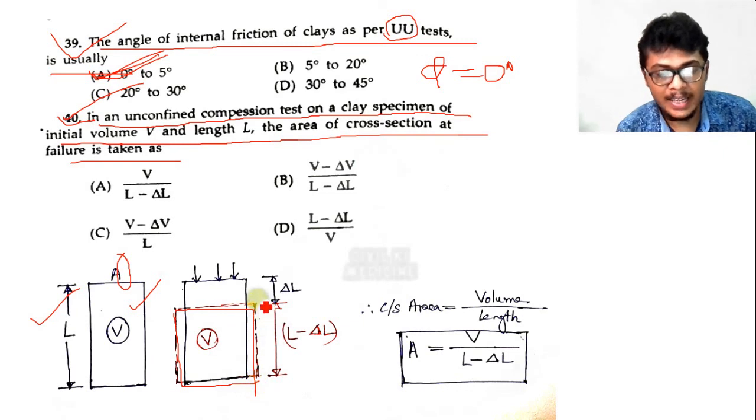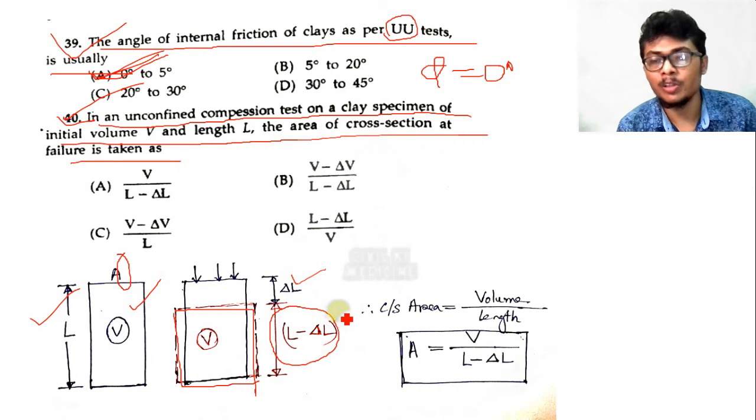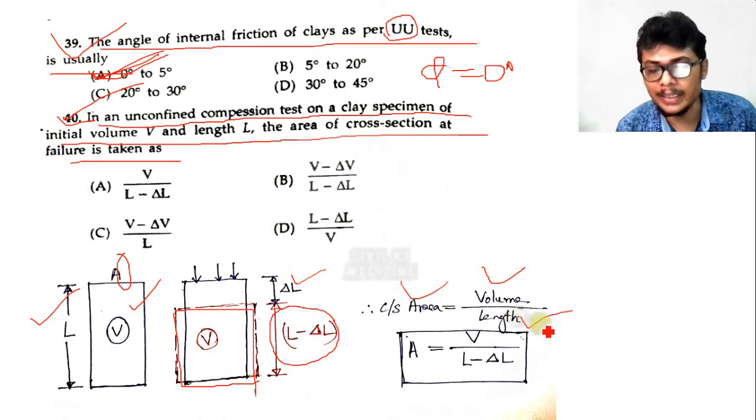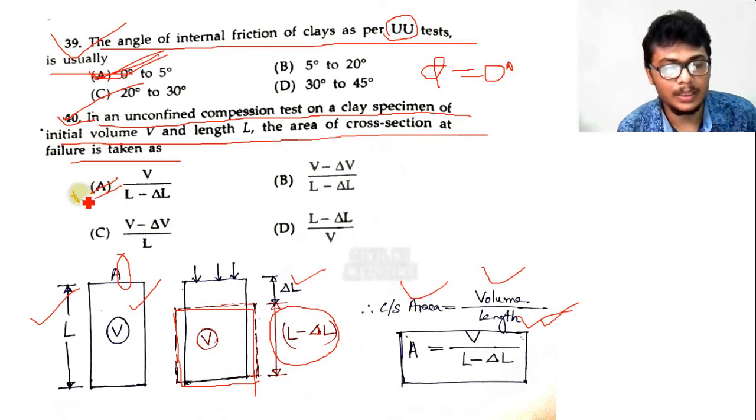The length changes by del L, therefore the final length will be L minus del L. We know that volume will not change, because volume will be constant, only the dimensions will change. Therefore the new cross sectional area will be the initial volume divided by the new length, therefore V by L minus del L. So my correct answer will be option A.